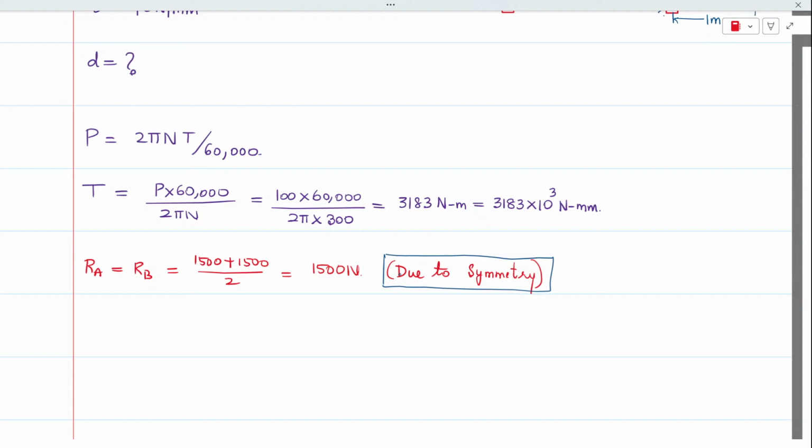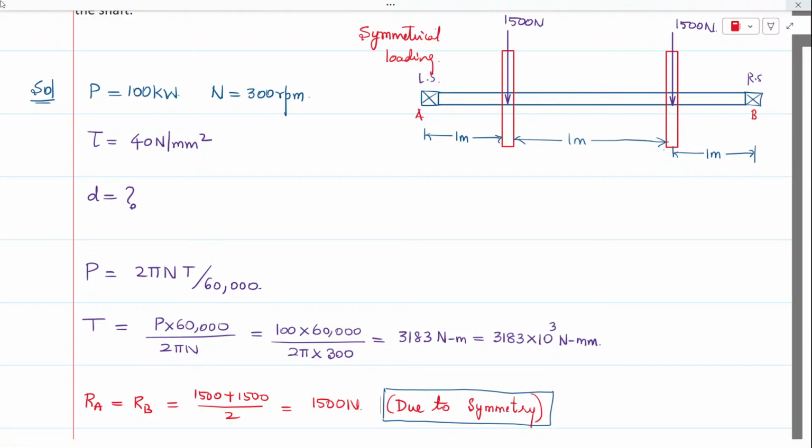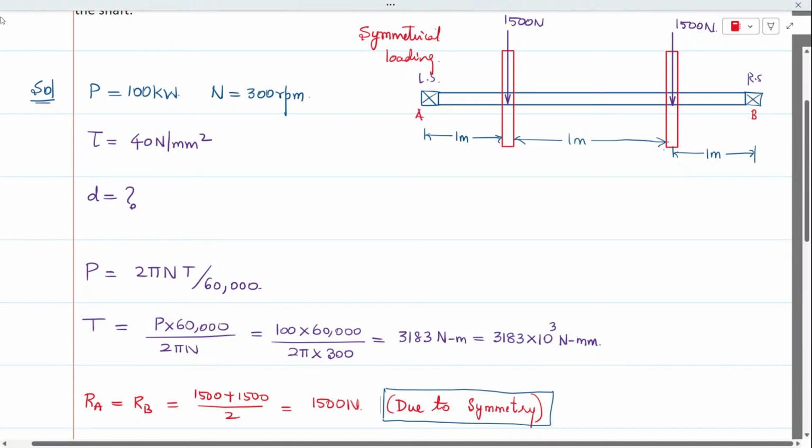So remember these things. If you are interested, you can calculate the reactions, and there is no harm in that. But what happens is that you unnecessarily end up wasting time or overdoing the problem, which you should avoid.